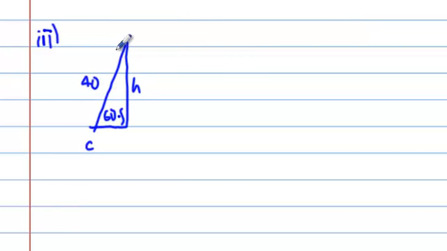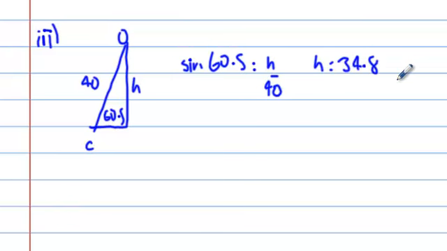I know that's 40 up to over there. So the sine of 60.5 equals the opposite h over the hypotenuse. Calculating out, h is 34.8 centimetres.